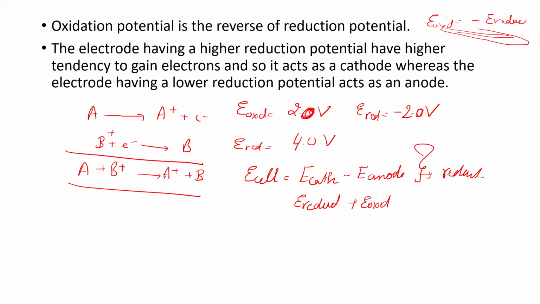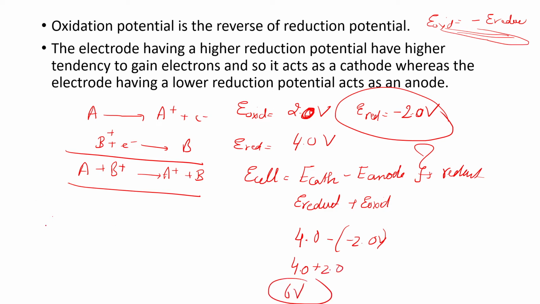So E cathode is the reduction 4 volt minus E anode, in the form of reduction value, that is minus 2.0 volt. The whole value will be 4 plus 2. E cell will be 6 volt.